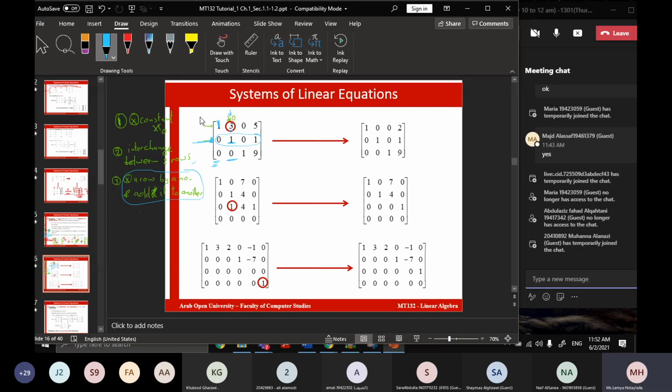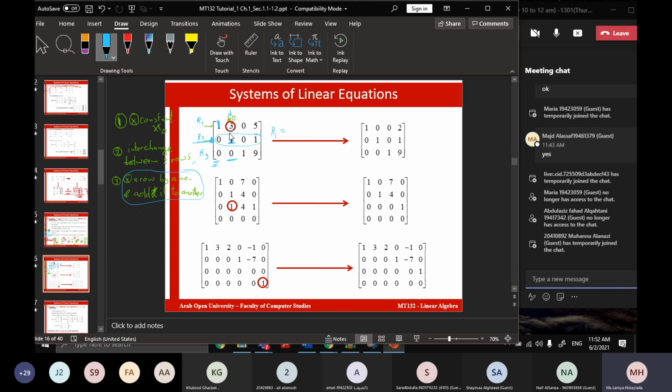Let's call them: this is the first row, R1; this is the second row, R2; this is the third row, R3. I want to change the first row using the second row. Which row do I want to change? R1. So the new R1 is going to be equal to what?